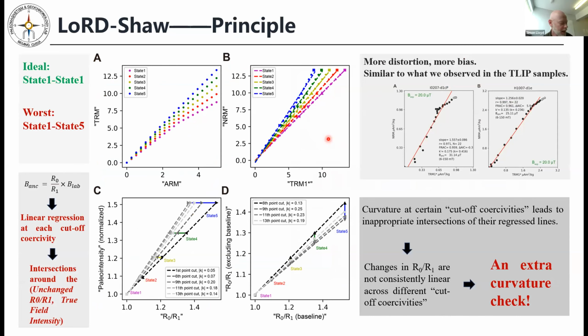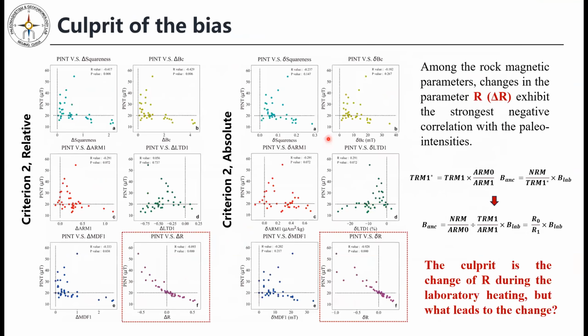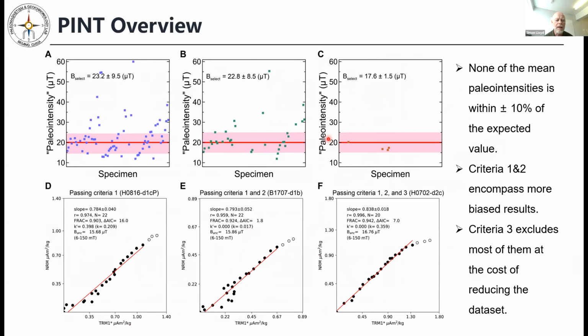So it's okay. I've got another question about the selection criteria plots. I just wondered, criteria 2 looks like it does quite a good job, to be honest.